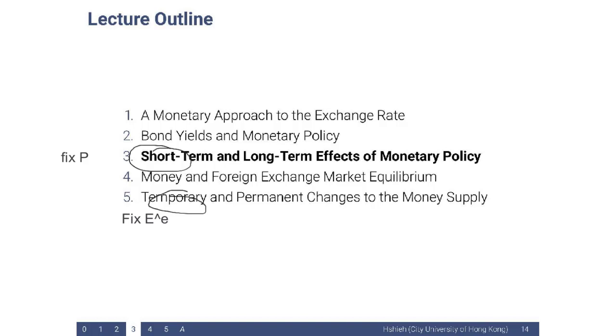The second type of scenario analysis is the difference between what's called a temporary versus permanent change in monetary policy, money supply. The difference is that temporary actions by the central bank will be undone before we get into what's called the long run situation. Long run just means expectations will matter.